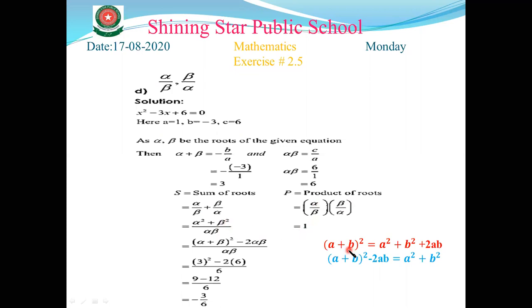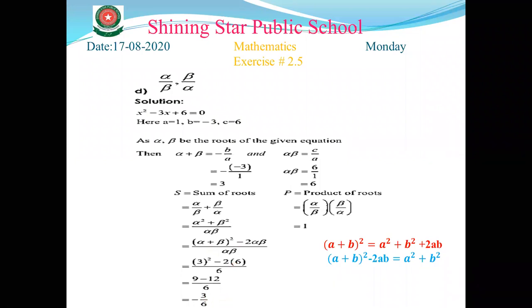And here we know that alpha plus beta whole square is equal to alpha square plus beta square plus 2 alpha beta, and we take plus 2 alpha beta to the left hand side. So that's why we write here alpha plus beta whole square minus 2 alpha beta. Now alpha plus beta is 3 and alpha beta is 6. 3 square is 9, 2 multiply 6 is 12, 9 minus 12 is minus 3, and in the denominator we have 6.